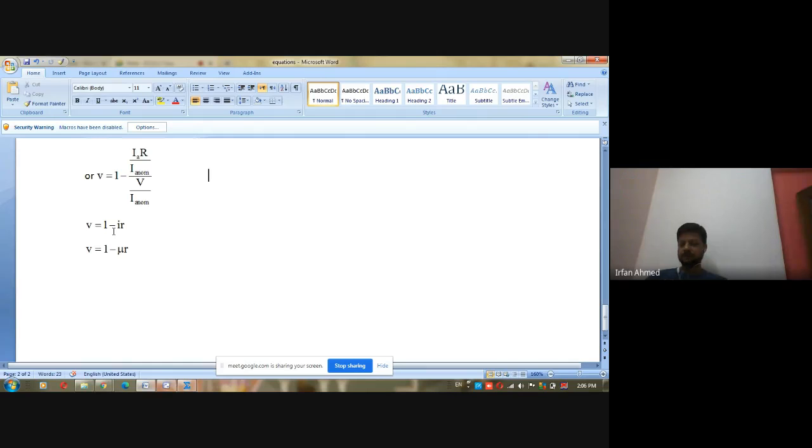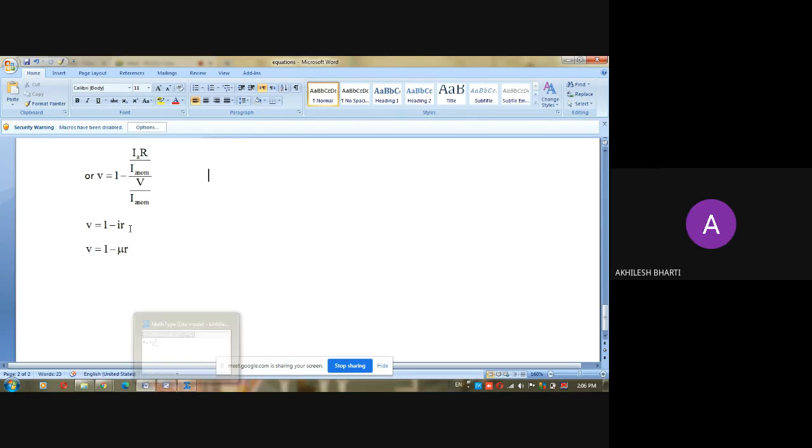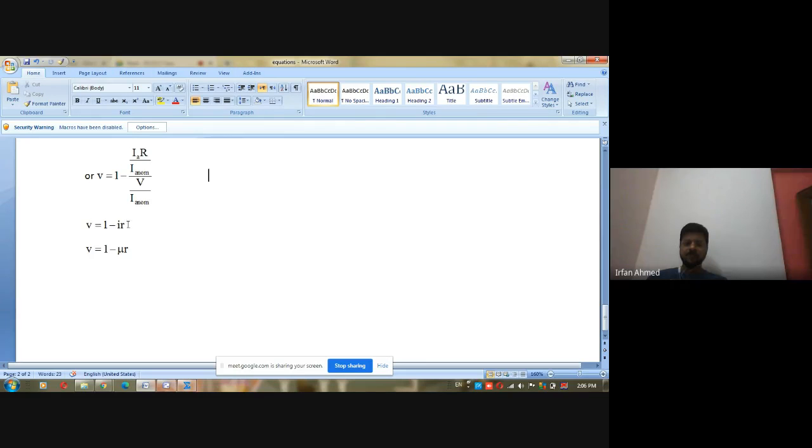Okay, is this clear? So this term can be written as del B, drop in speed in per unit. So del B is equal to IR, or del B is equal to mu R.